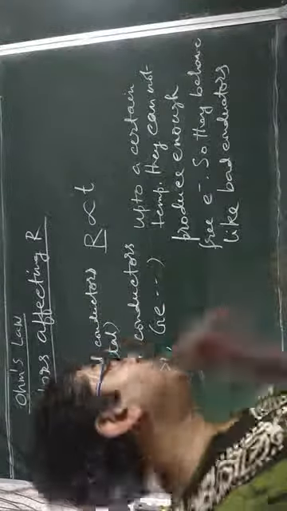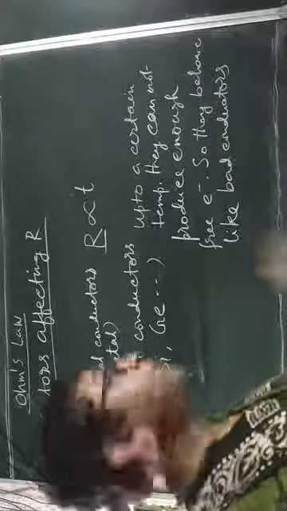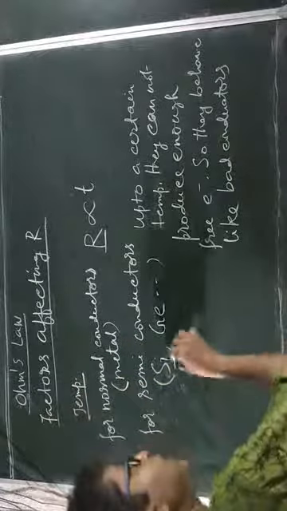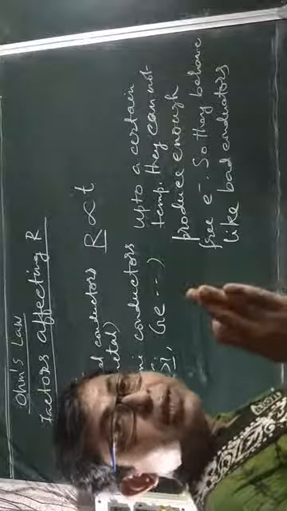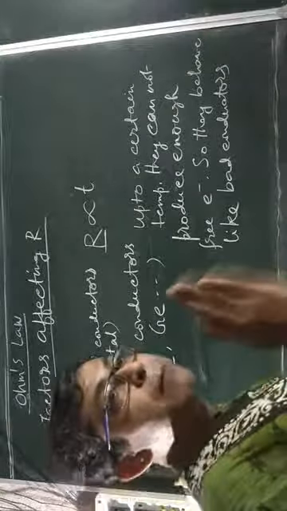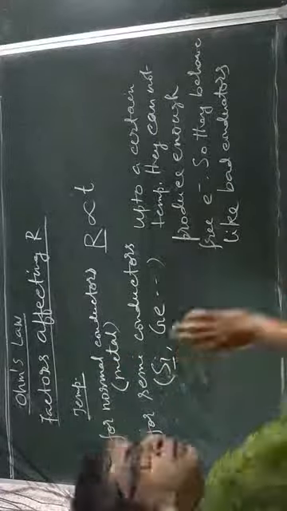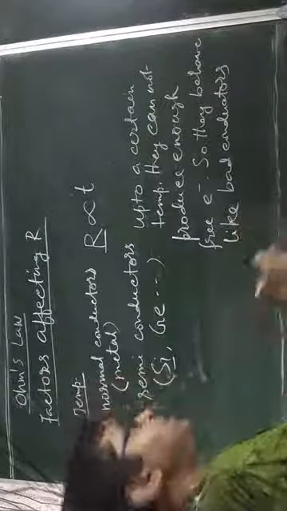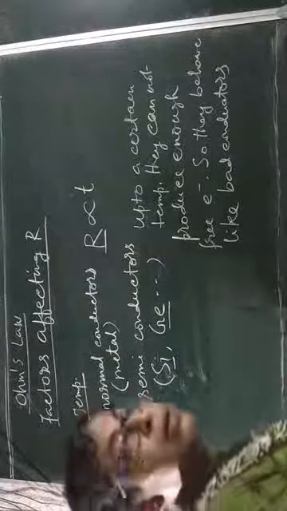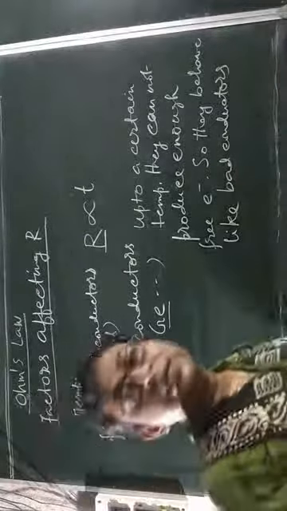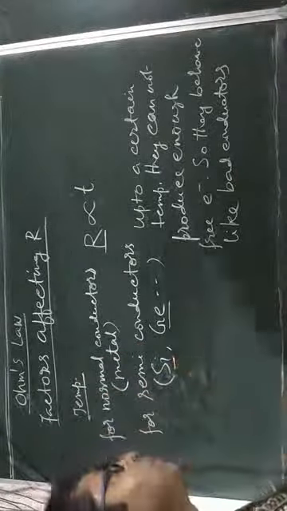And that temperature varies from material to material. If you take silicon, that critical temperature is a certain degree Celsius or certain Kelvin. But if you take germanium, that specific temperature is different from silicon.